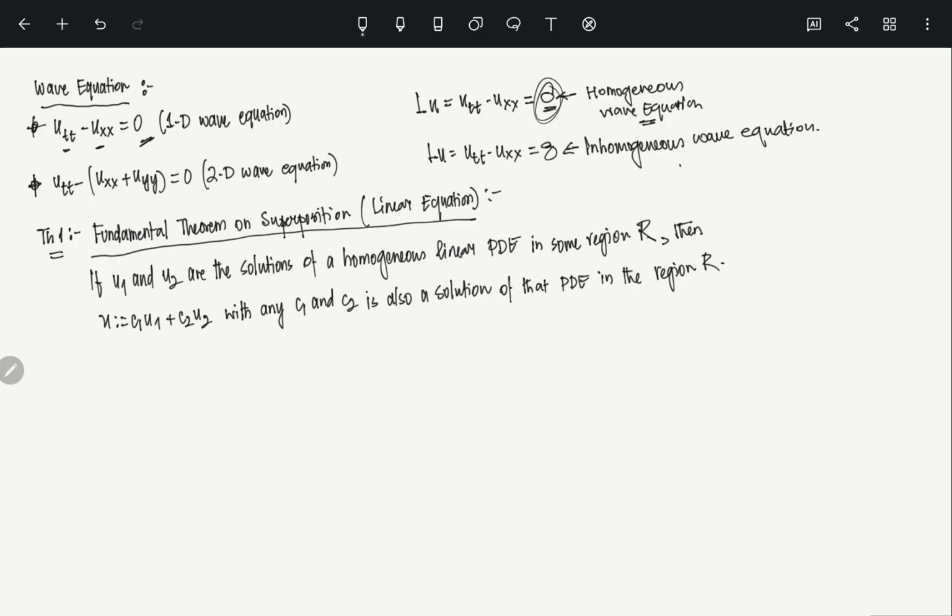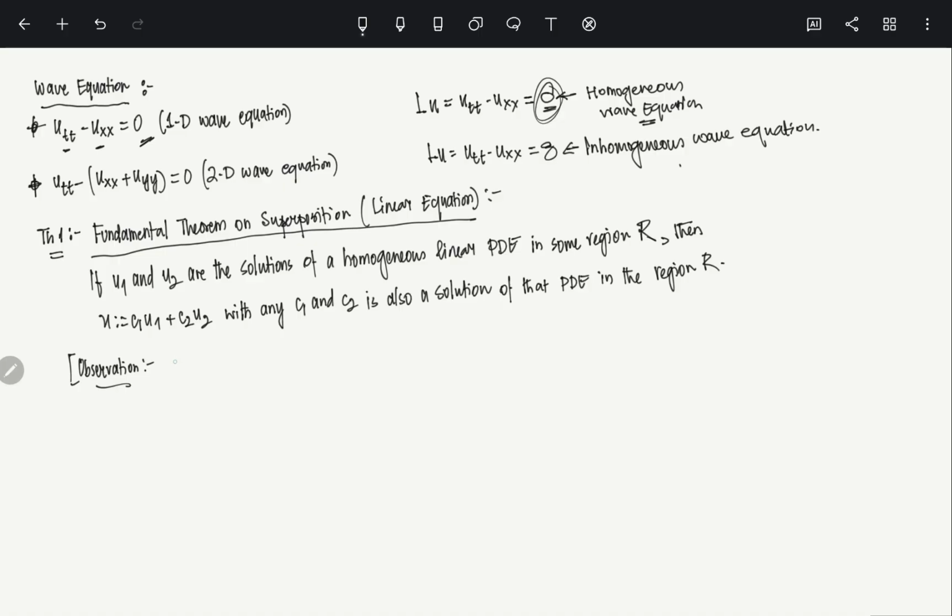Clear? So maybe it is better for me to give you a proof using just the wave equation. You can do it for any equation, but this just gives you an idea. So, an explanation or observation.